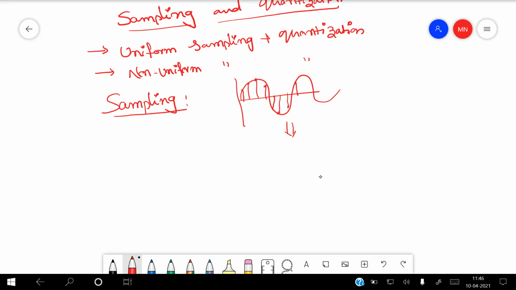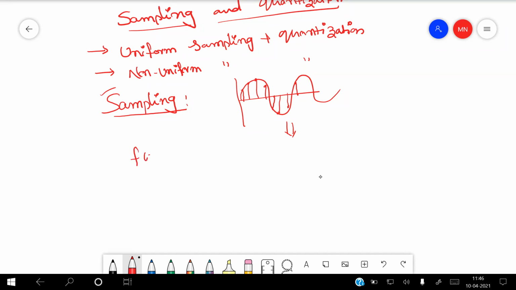We are not taking the entire set of samples, so we select the minimum number of samples. That is why the condition is defined by the sampling theorem. Sampling is required for further processing, and it is suitable for computer processing.